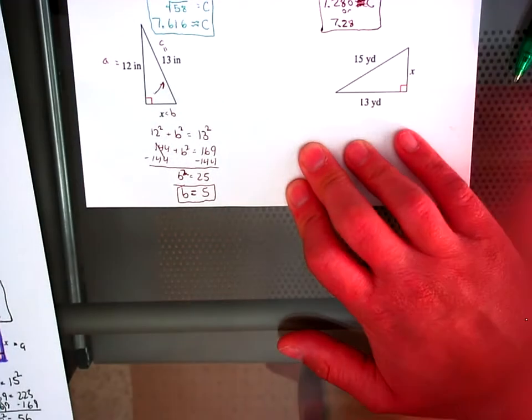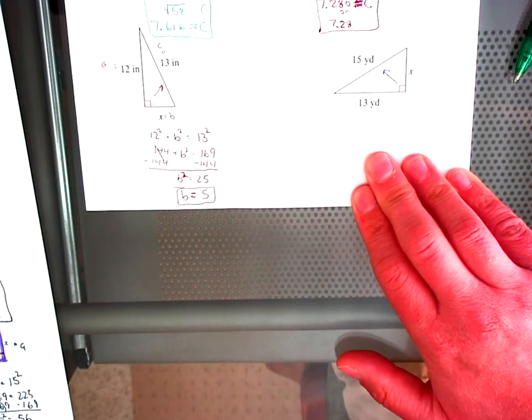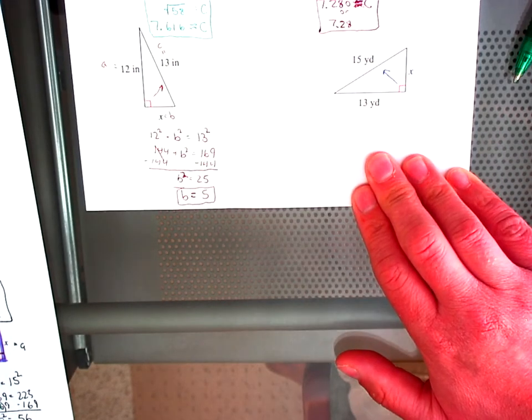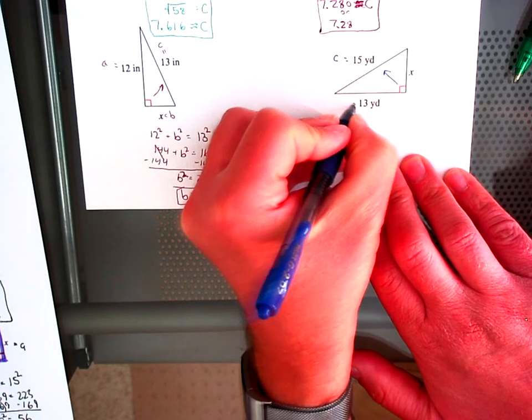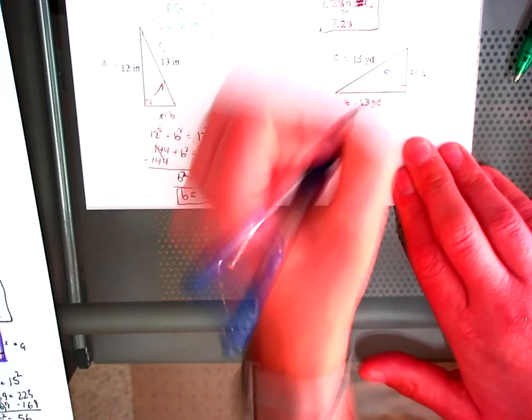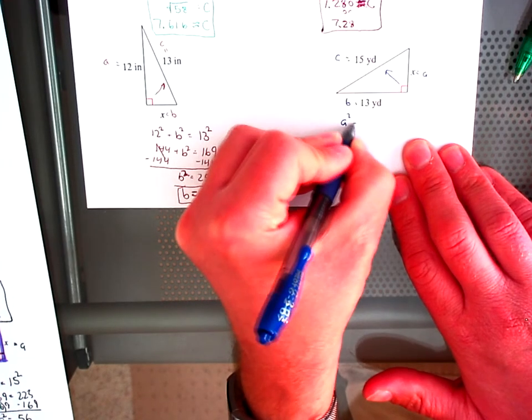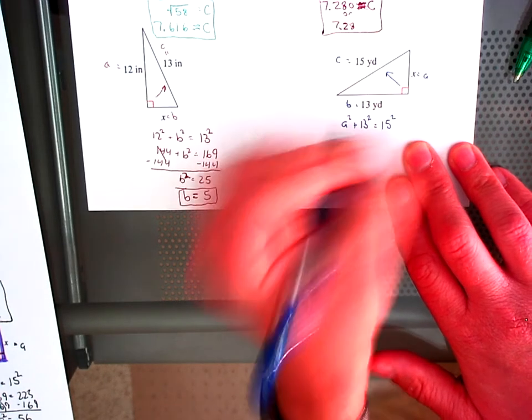Okay, let's take a look at this last one here. Again, there's my arrow. It's pointing at C. It's telling me, oh, C is 15. I can say that's B. This is A. So I can go A squared plus 13 squared equals 15 squared.